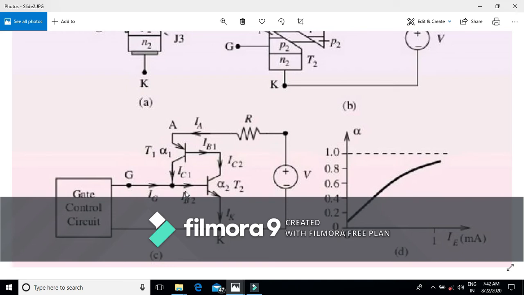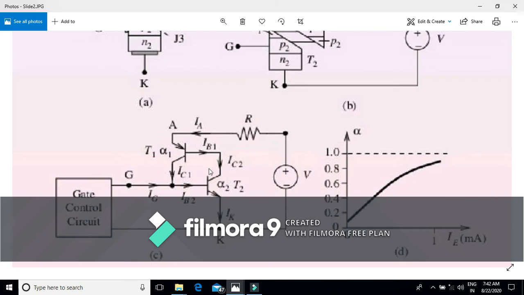Now at this stage, this base current further increases by adding up this collector current IC1 plus IG, and this phenomenon goes on increasing until alpha 1 and alpha 2 both approach unity.